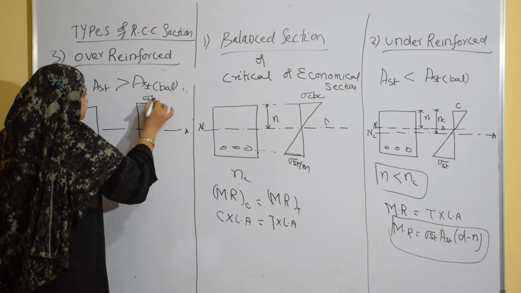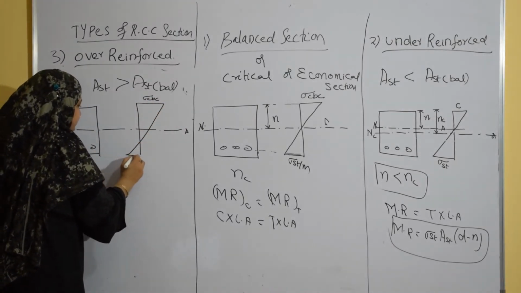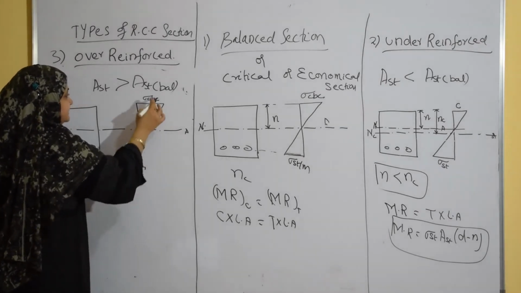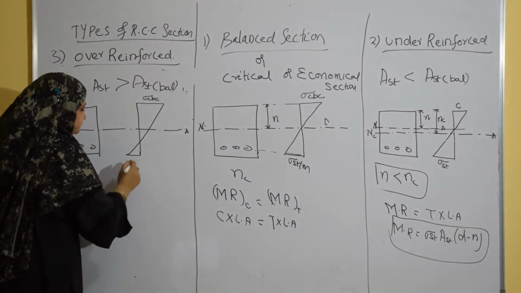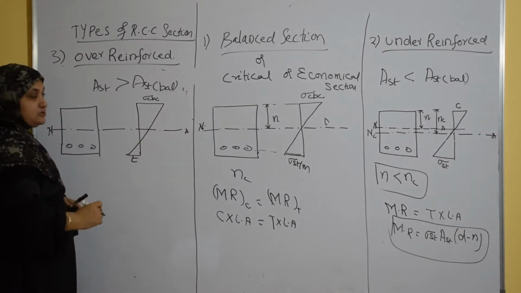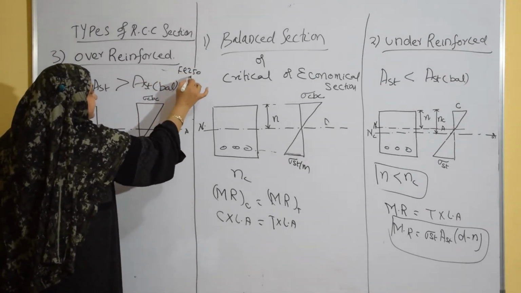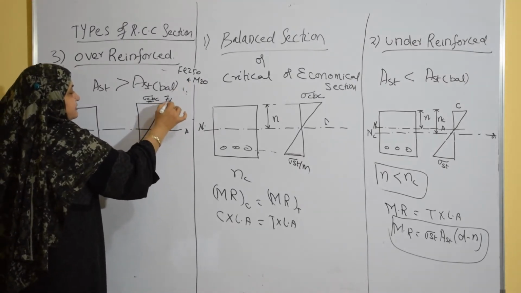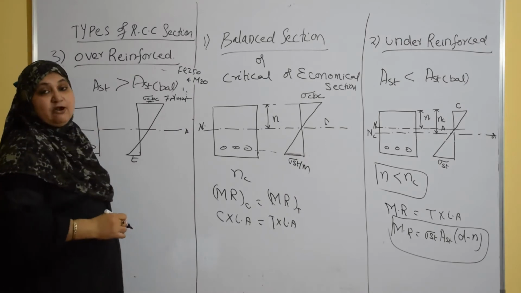This is sigma st by m. This is not reaching the permissible value, so this will be T. Suppose I am using Fe 250 and M20 grade concrete, then CBC will reach 7 Newton per mm square, whereas this will not reach 140.